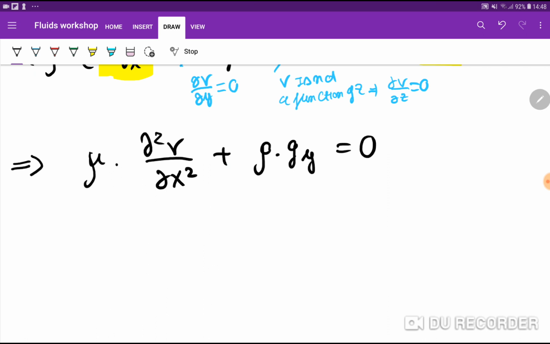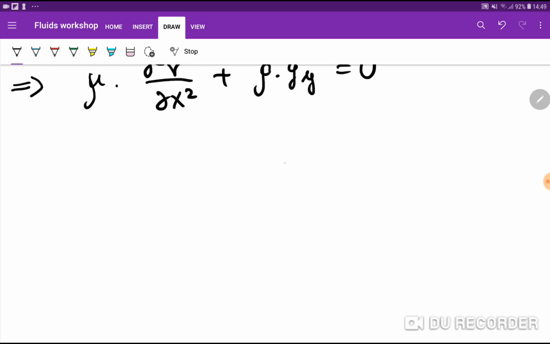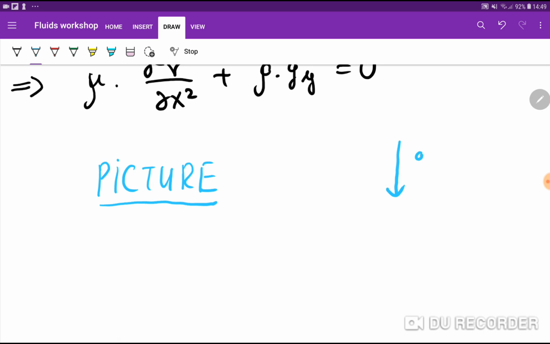Now what is g y? First of all, is g y 0? The answer is no. If you look at the picture again, they say chi is going down, something like this, right? So that's the gravity component, and you know it's a y component. So what's g y in terms of chi?